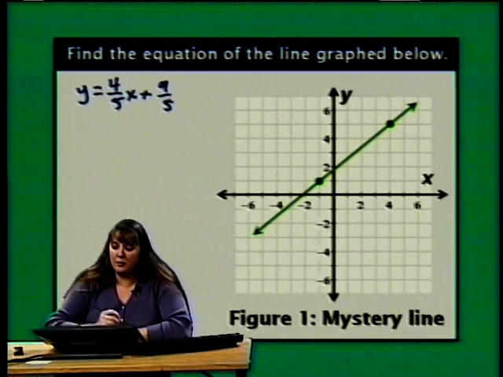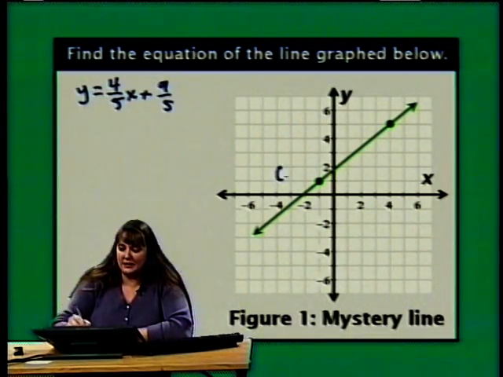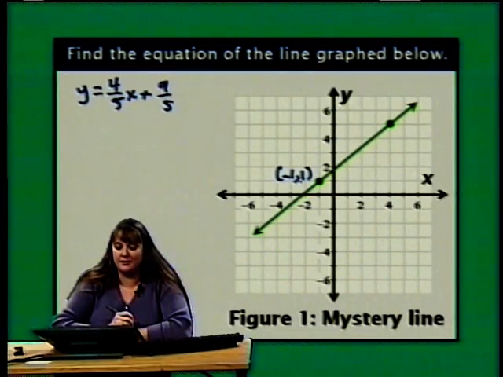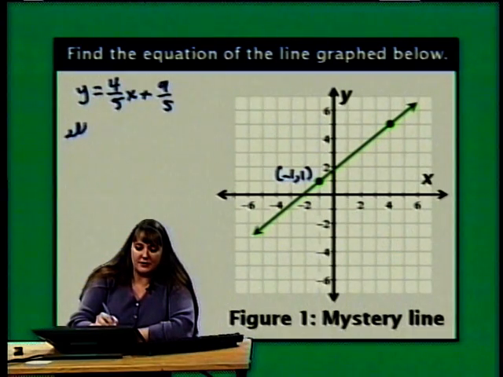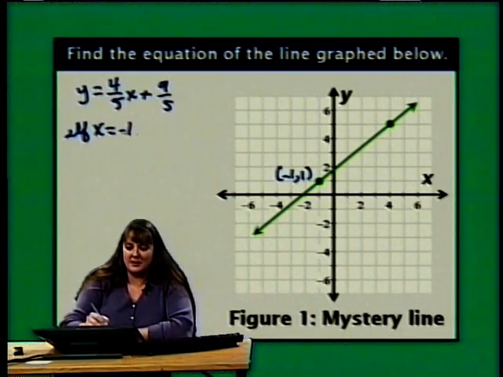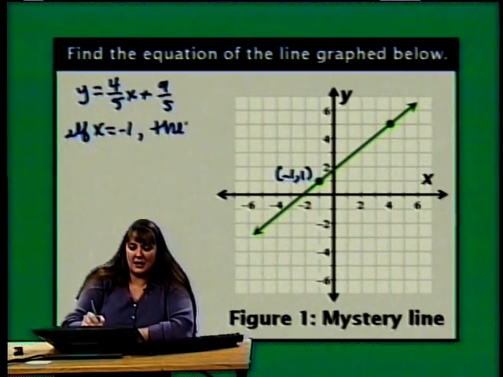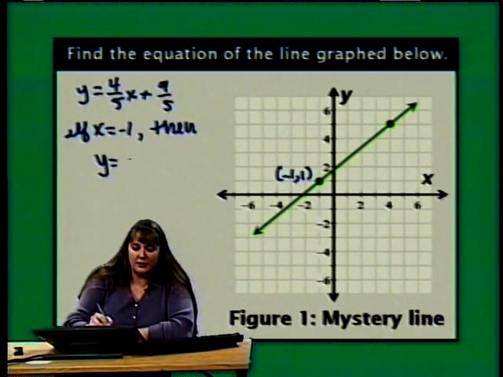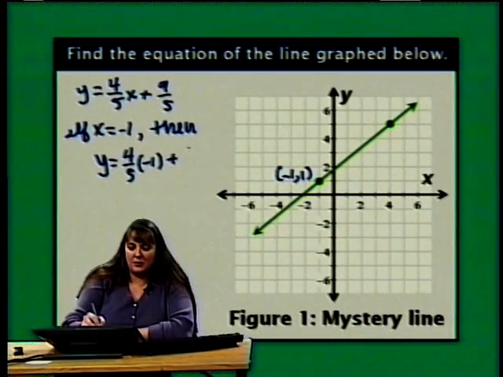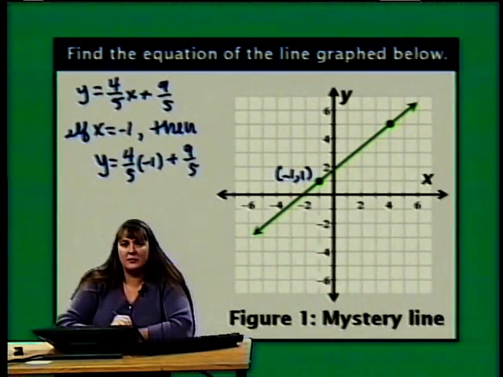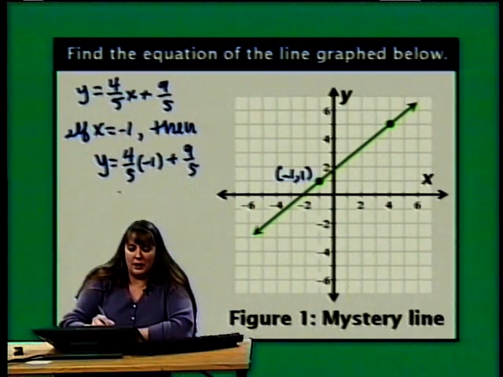Let's look at the other point that's easy to see on the line, -1, 1, and make sure this satisfies this equation. So if x equals -1, I'm hoping y is going to equal +1. If x equals -1, then y equals 4/5 times -1 plus 9/5. 4/5 times -1 is -4/5.